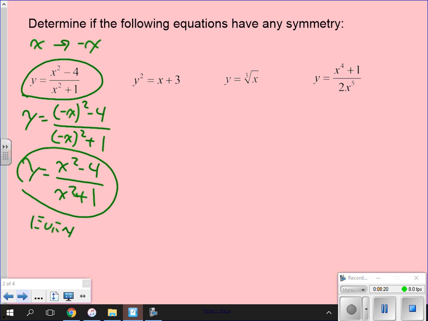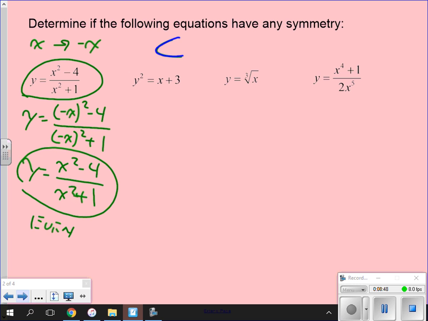Okay. More than likely, if I have a sideways parabola, it's going to have x-axis symmetry, which means that if x, y is on the graph, then x, negative y is on the graph. Take y, replace it with negative y, see if I get the same equation back again. And like I said, I look at the graph, ooh, it's got a parabola like that. It's probably going to be x-axis symmetry.